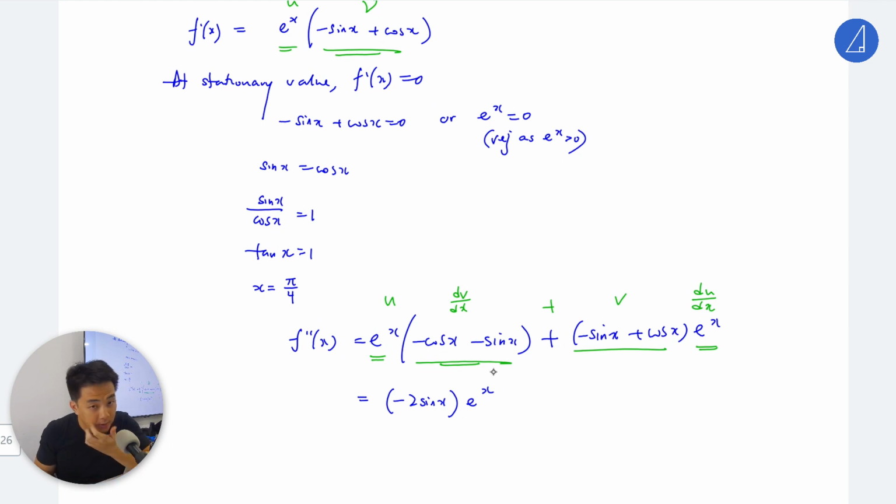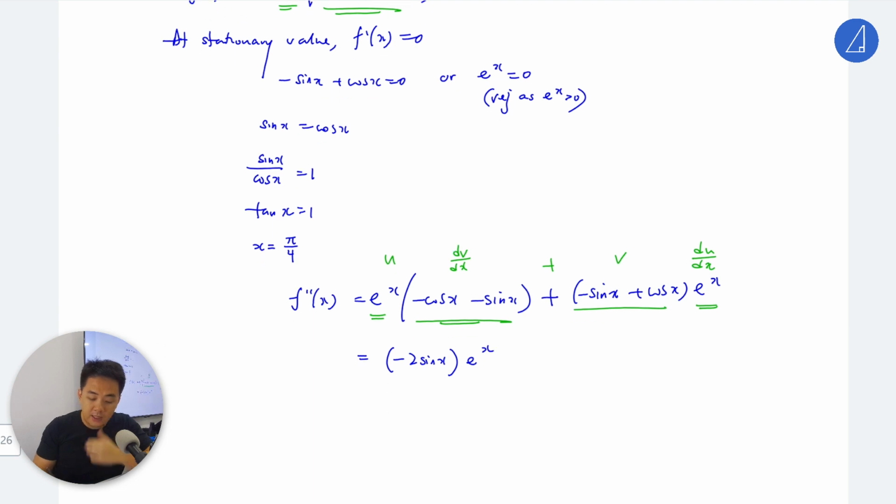You factorize the e^x, you can see that the negative cosine x and cosine x cancel out. It's very clear because in quadrant 1, sine is positive, right? Quadrant 1, sine is positive. This is positive, so obviously the entire thing is negative.